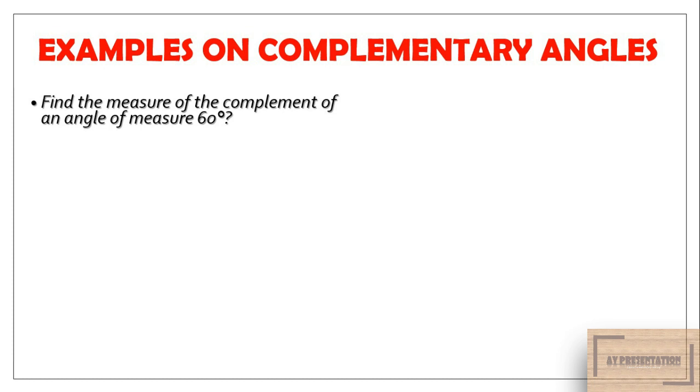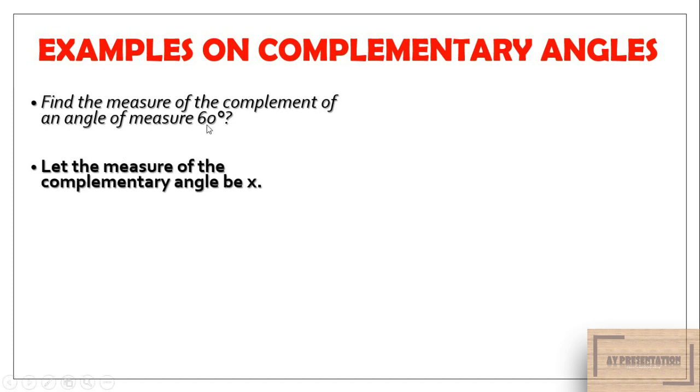First question: find the measure of the complement of an angle of measure 60 degrees. The first angle measure is 60 degrees and we find the second angle measure. Let the measure of the complementary angle be x. So x plus 60 is equal to 90. 60 is the given angle measure.